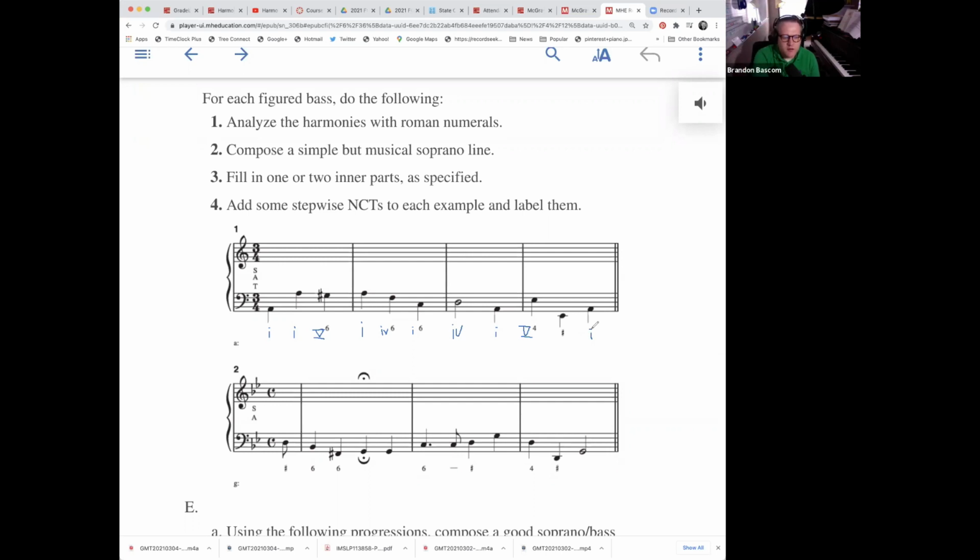Okay, so what melody notes do you want to put in here? You're thinking about it.